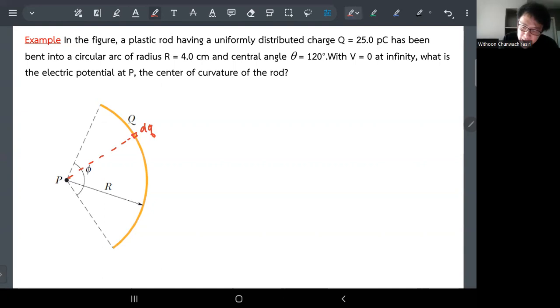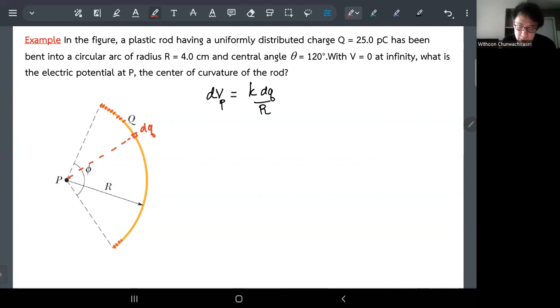So I can say a tiny potential at point P that comes from that dq can be calculated by K, that tiny charge over R. And then you're just going to do dq all the way to the bottom of the arc.